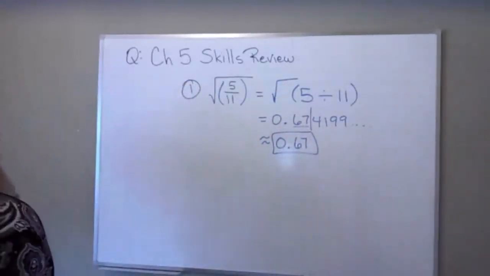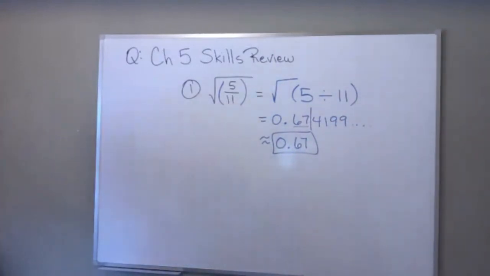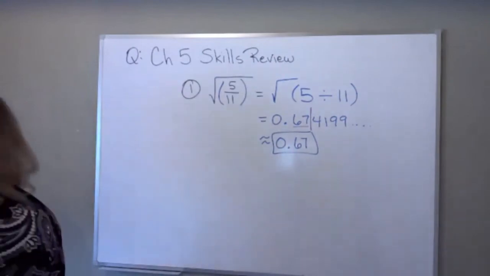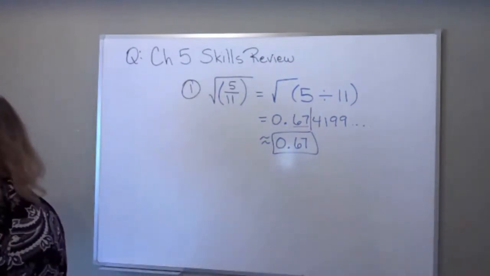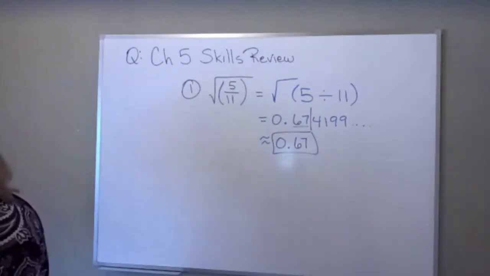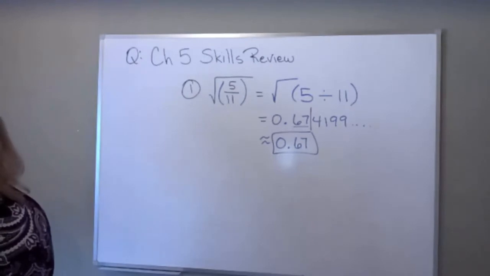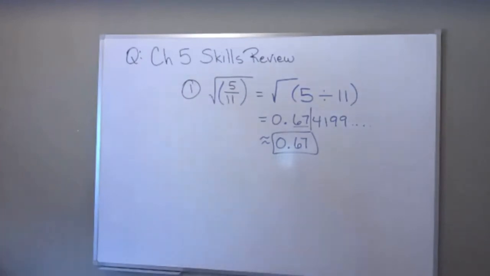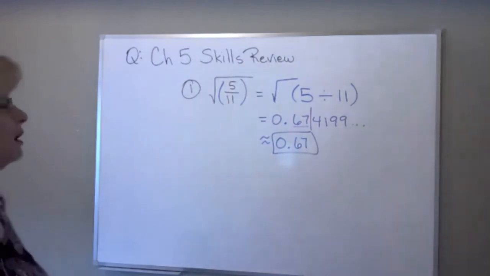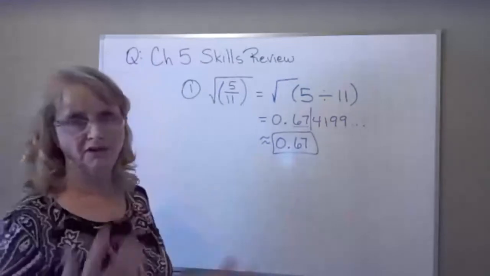So get that answer and put your answer in the blank if you've got my stat lab pulled up, and make sure you get it right. And 1 through 4 are all like this, so you can see you could do those very quickly.